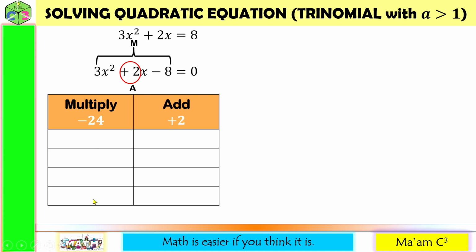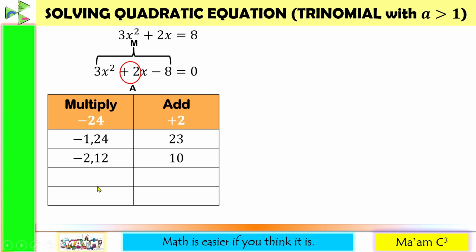I'm going to think of factors of -24. So it could be -1 and 24. -1 plus 24 will give me 23 as an answer. Another factor, I have -2 times +12. When I add these two, it will give me +10.